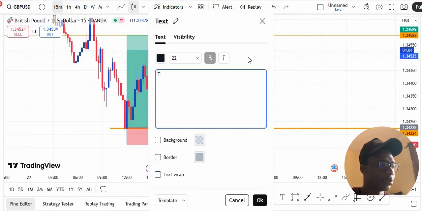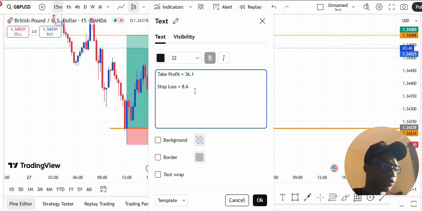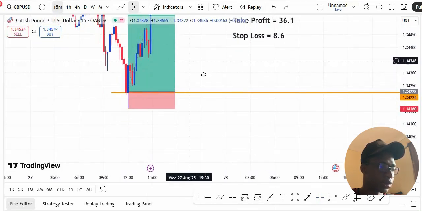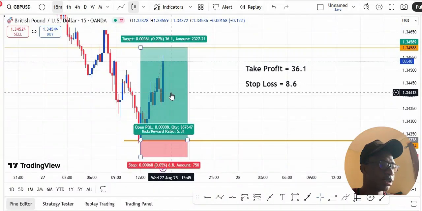The take profit is, I think, 36.1 pips, and the stop loss is 6.8.